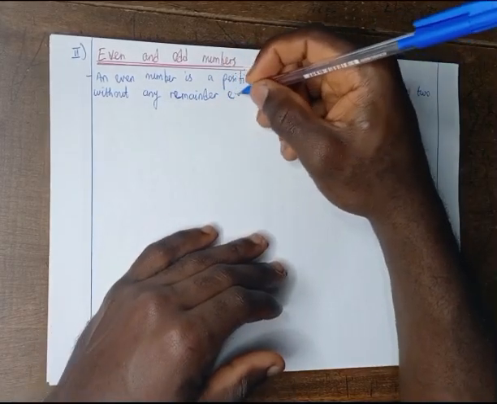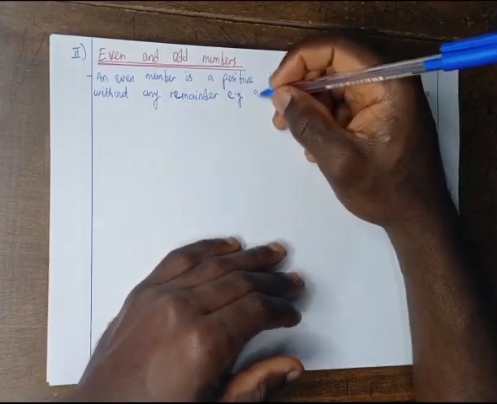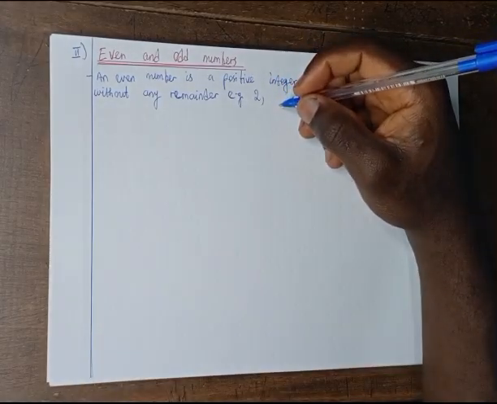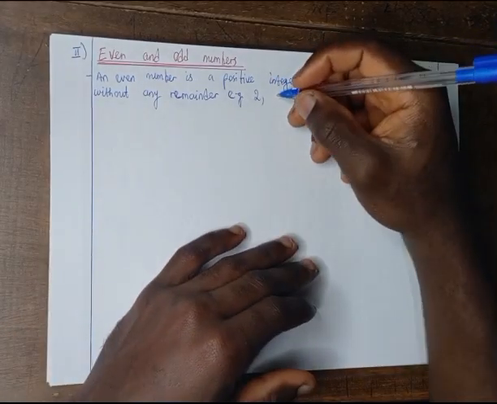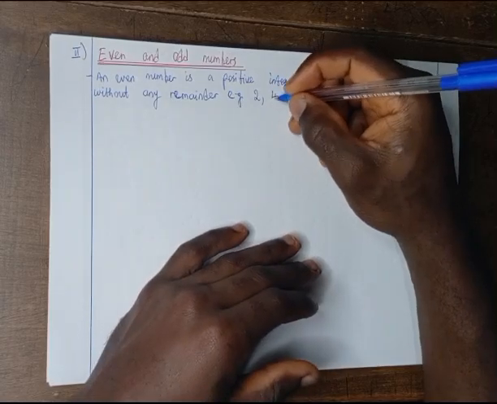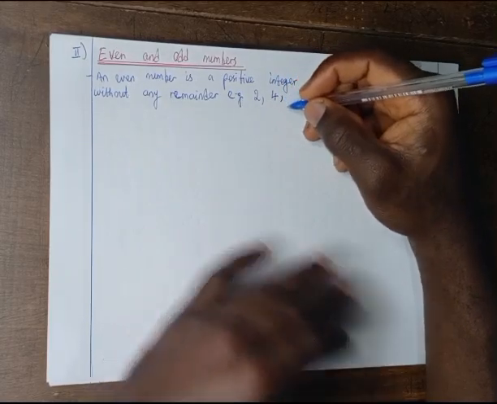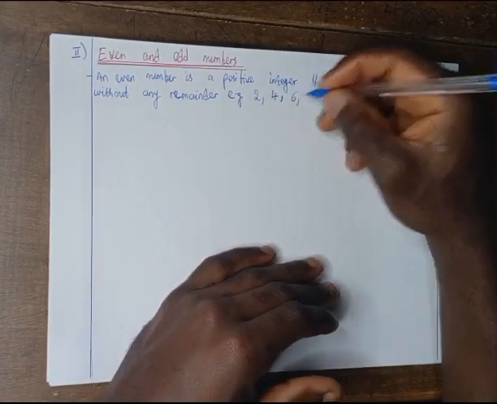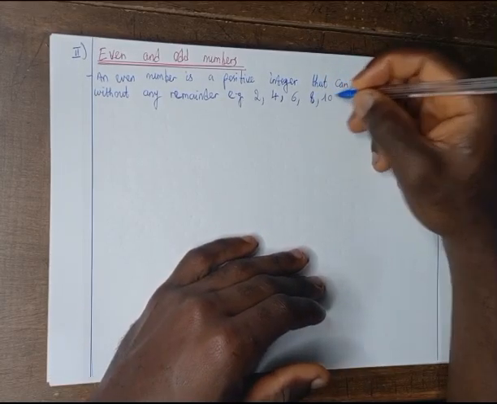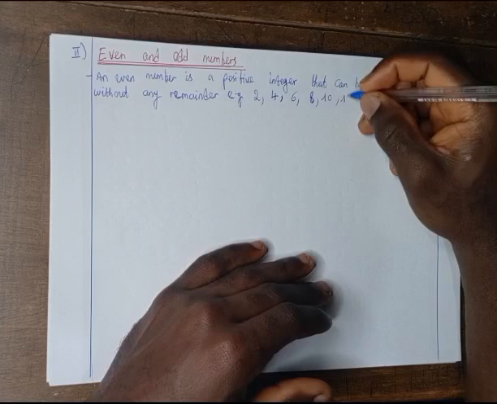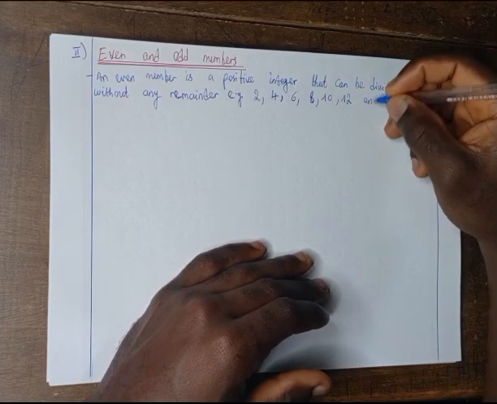For example, these are examples of even numbers. The number 2 is an even number. If you divide 2 by 2, we are going to obtain 1, which is a whole number. 4 is an even number. If you divide 4 by 2, we are going to obtain 2. 6 is an even number. 8 is an even number. 10, 12, and so on.